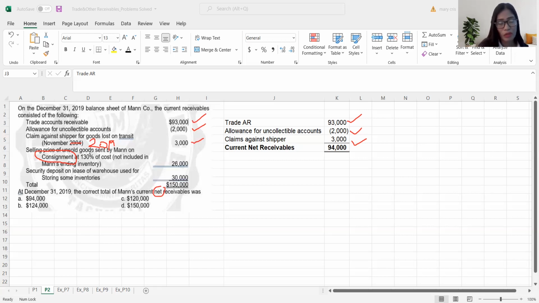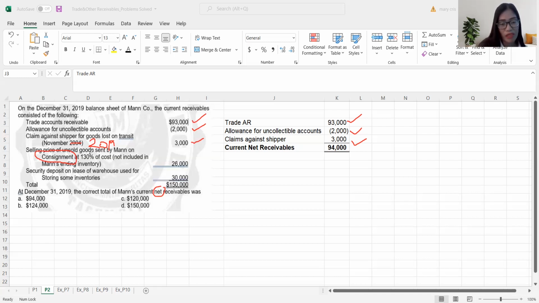So ibig sabihin all throughout the consignment arrangement or agreement, yung goods na yun, yung inventory na yun ay pag-aari ni consignor. So pag-aari siya ni consignor, hindi ni consignee.